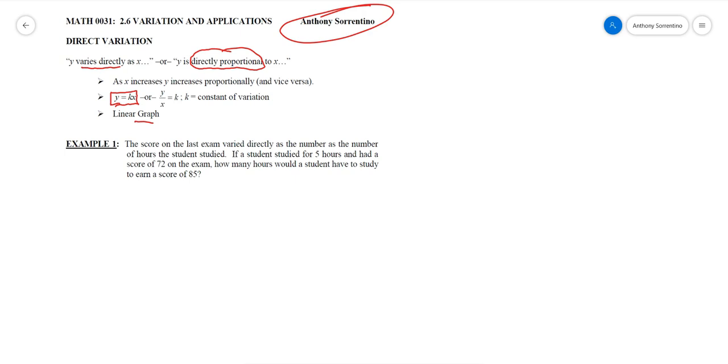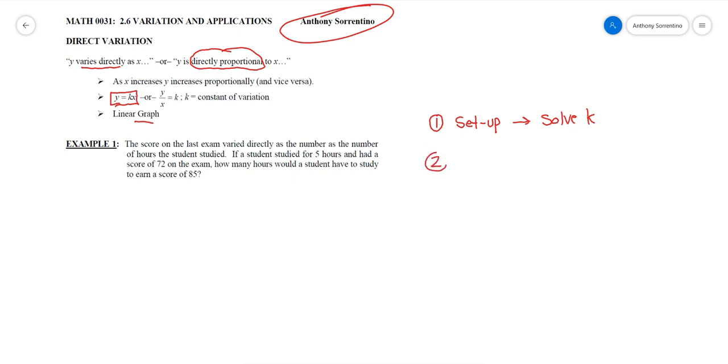Generally, when you do problems like this, there are two stages. The first stage is you want to do a setup that ultimately will solve for k, your constant of variation.